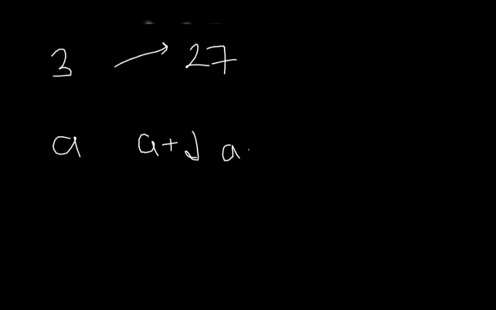Before I move on to the sums, I want to tell you how to solve sums. First thing: whenever there is an odd number of terms, say the sum of 3 terms in AP is 27, how will you do it? You would take a plus d, a plus 2d.